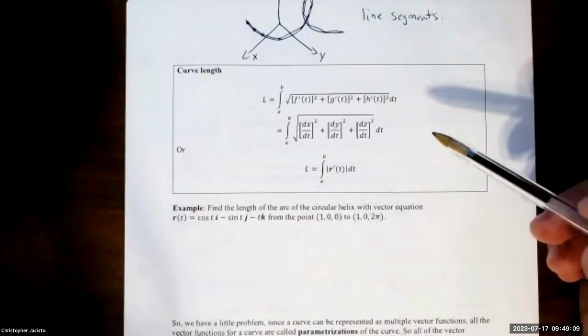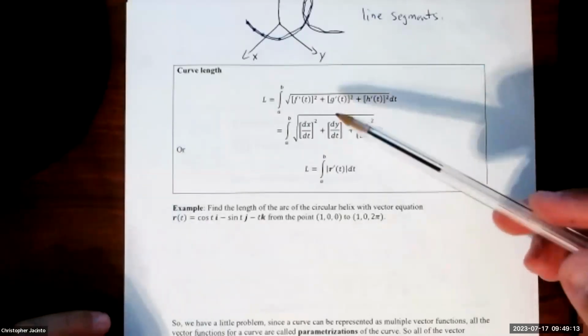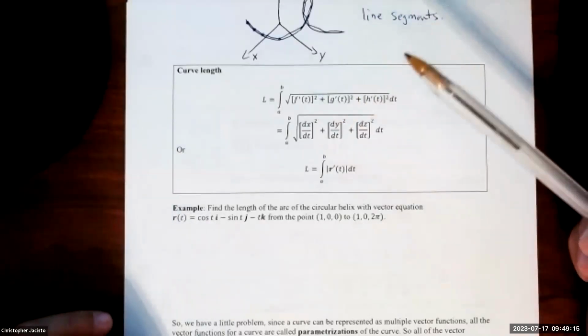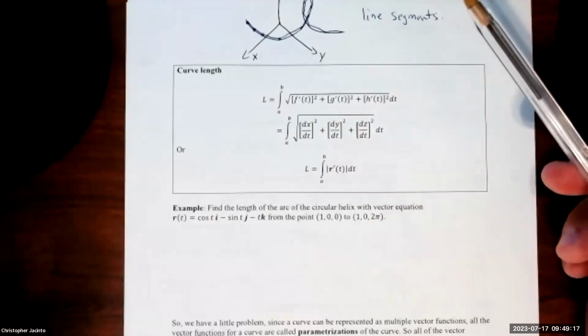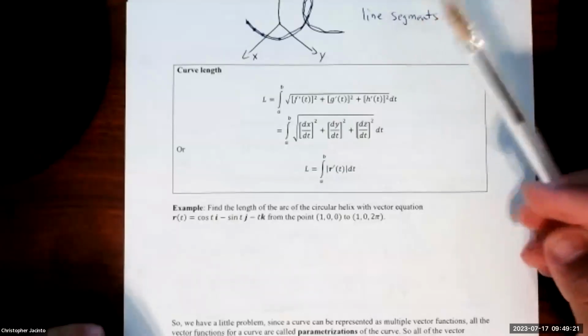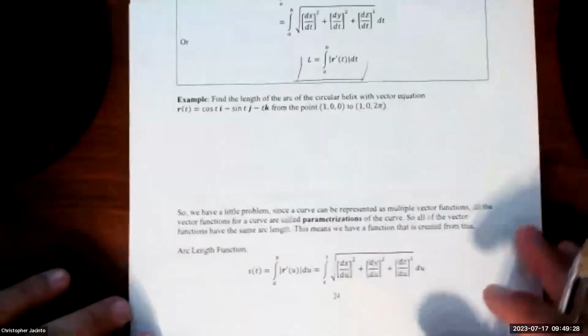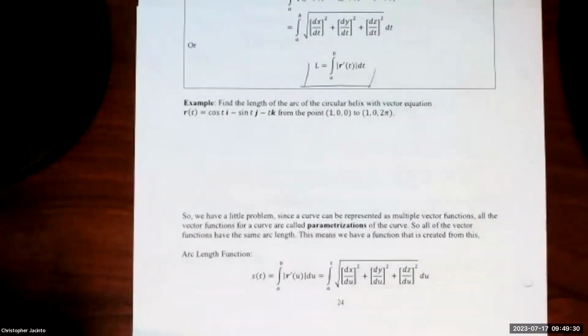So the curve length is equal to the integral from A to B of the square root of the derivative of each component squared. Or if you really want to break it down, it's just the integral of the magnitude of the derivative. Hence the reason why I say hopefully you like derivatives or integration, because we'll be doing a lot of this stuff.